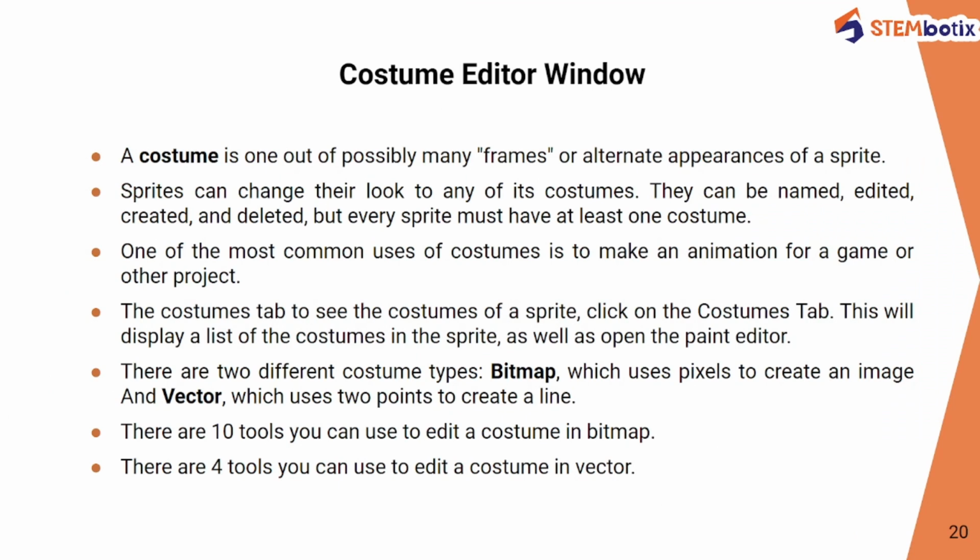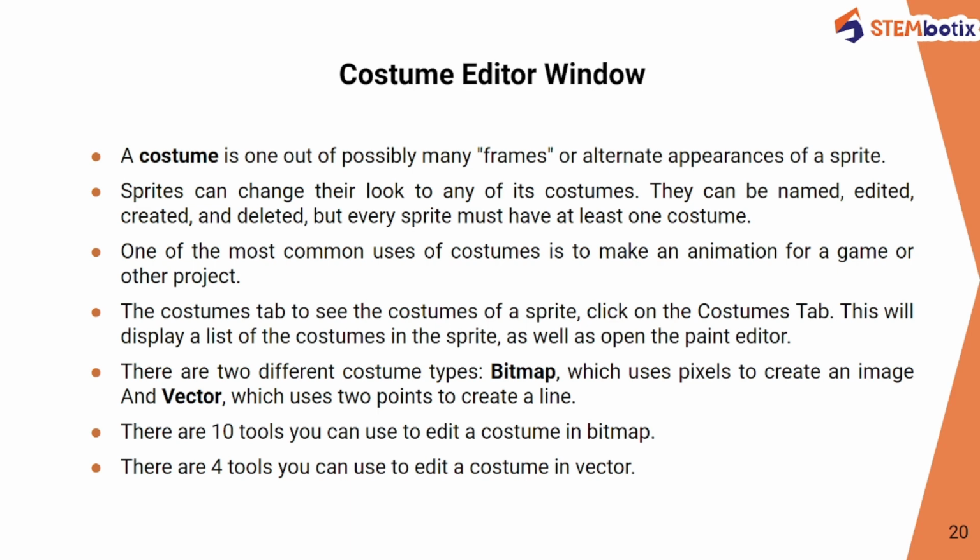So first let us see the costume editor window. The first word in this costume editor window is costume, so first we will see what is a costume. A costume is one of possibly many frames or alternate appearances of a sprite. As we discussed earlier, an animated sprite has a number of different appearances or costumes.